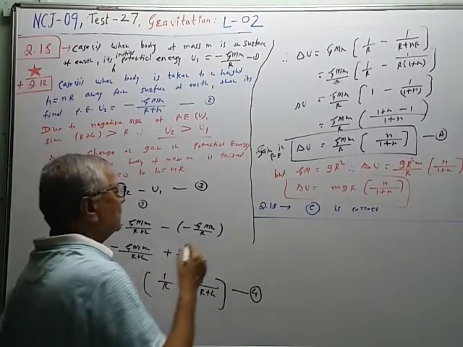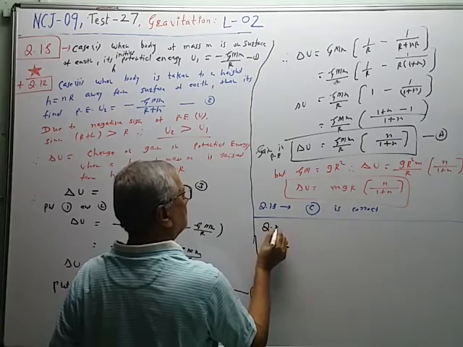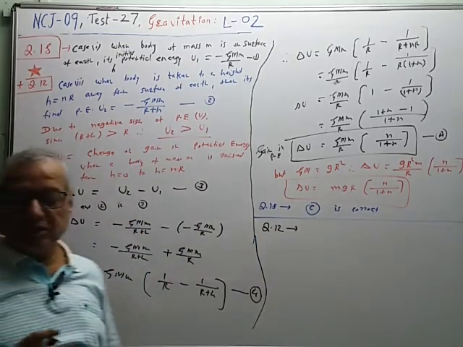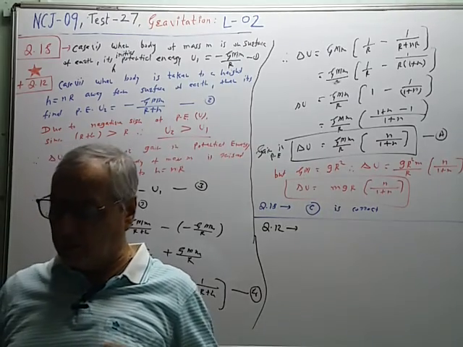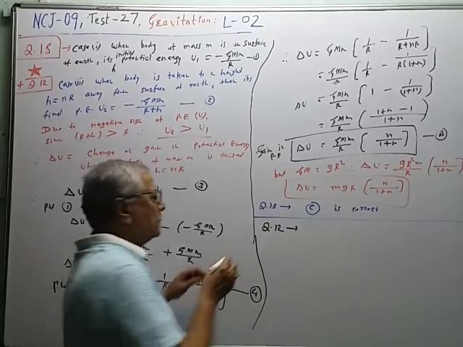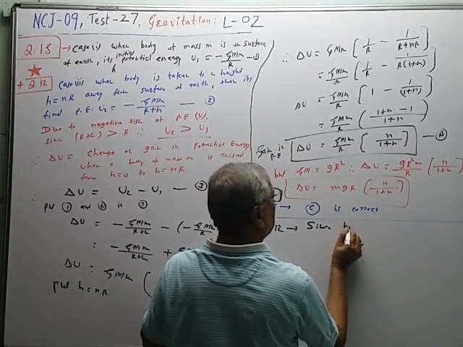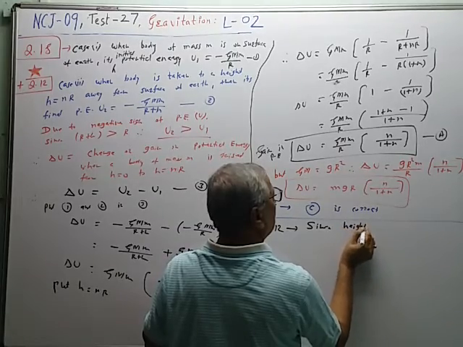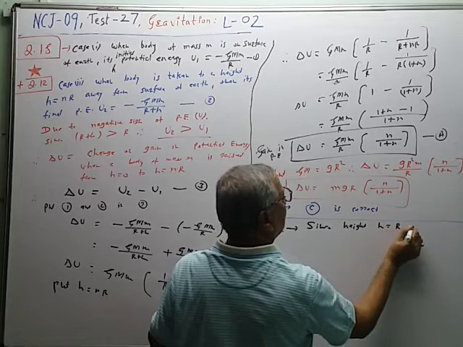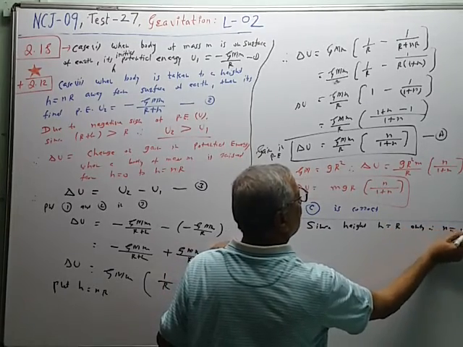Now, this question number 12 is a part of this. In question number 12, this height h is equal to only 1 times R. Since height h is equal to R only, therefore n is equal to 1.